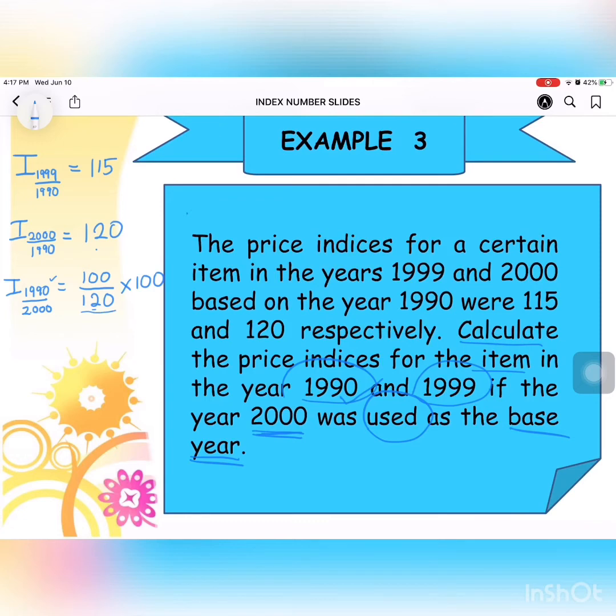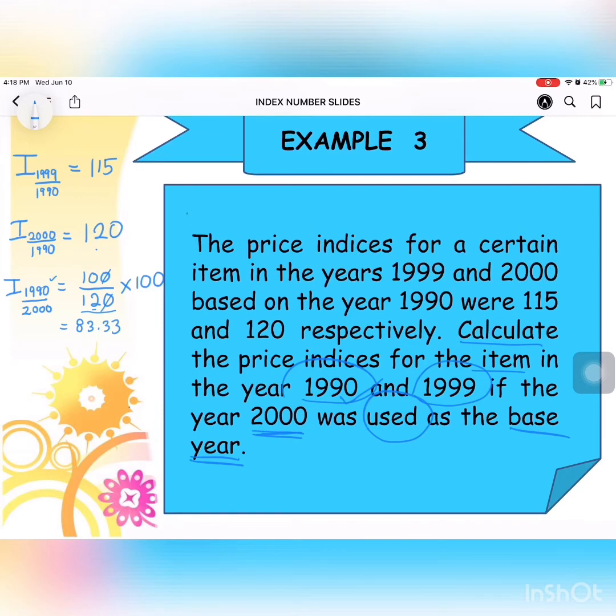So 100 over 120 times 100. Let me calculate that first. You get 83.33. So that is when you want to find 1990 over 2000.